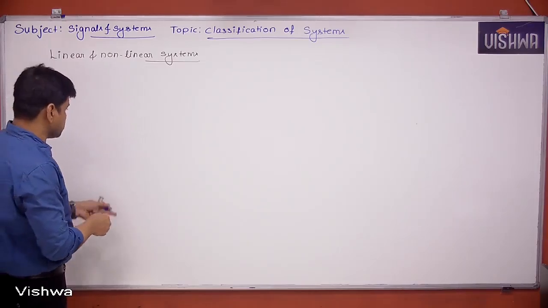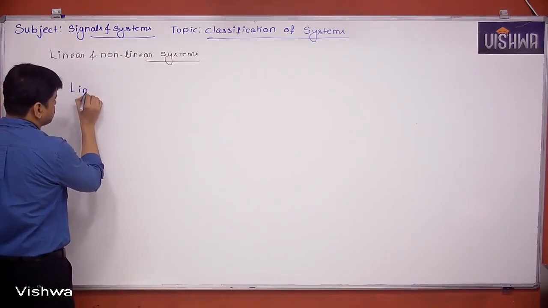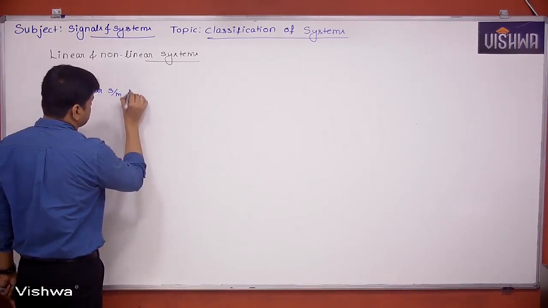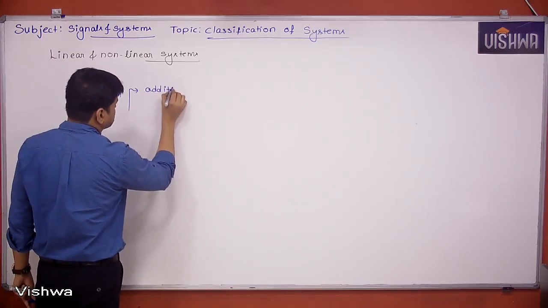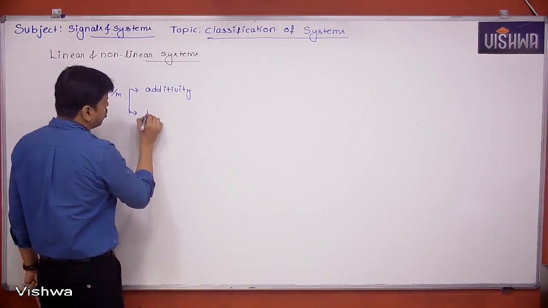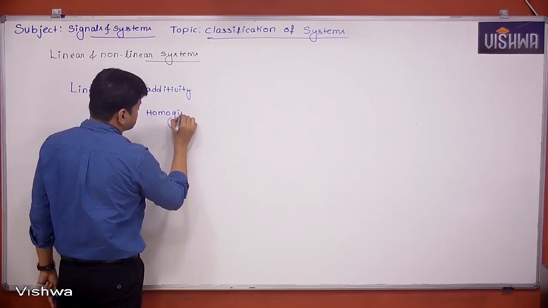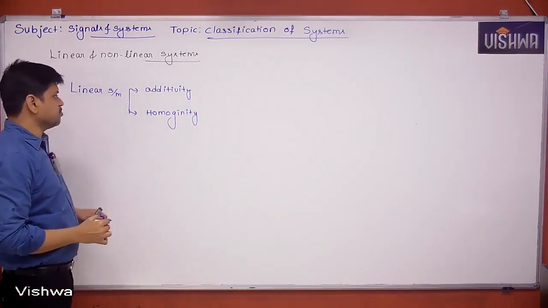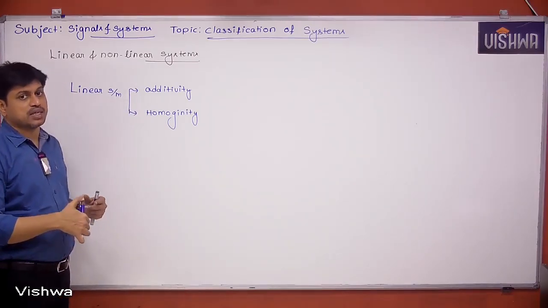Every linear system has to obey two principles: one is nothing but additivity, and another one is nothing but homogeneity. So when a system obeys these two principles, then we can say the system is linear. If it is not obeying any one of the properties, we can say it is a non-linear system.